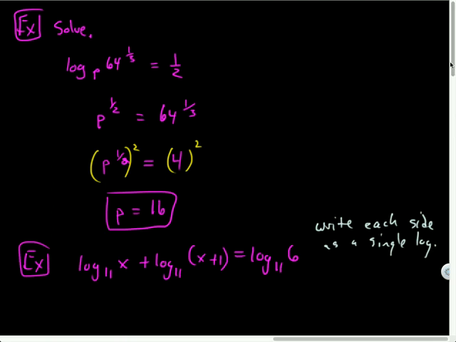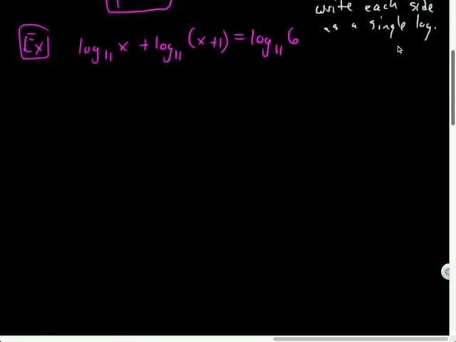You are correct that the sum of two logs is the same as the log of the product. I'll write it out like this for now. Is it 1 and 11? Yes, that is log base 1 and not 11. Now the log of this is equal to the log of that.